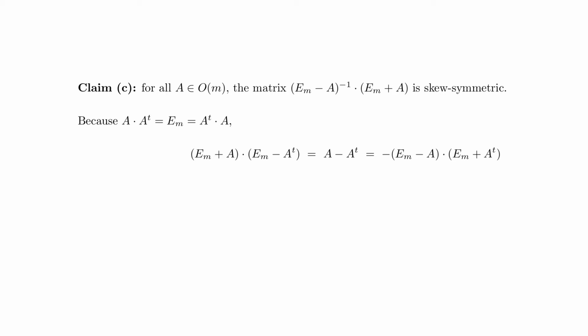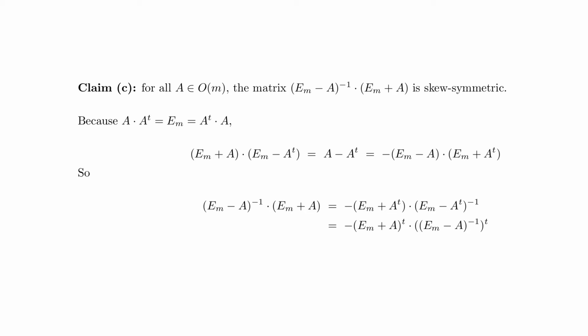Now we take this equation, multiply it from the left with the inverse of E_m minus A, and from the right with the inverse of E_m minus A transpose. And then we get this relation. On the right-hand side, we pull the transpose out, and then we use that transpose is anti-multiplicative. Now altogether we have exactly shown that the matrix under consideration is sent to its negative when we transpose it.